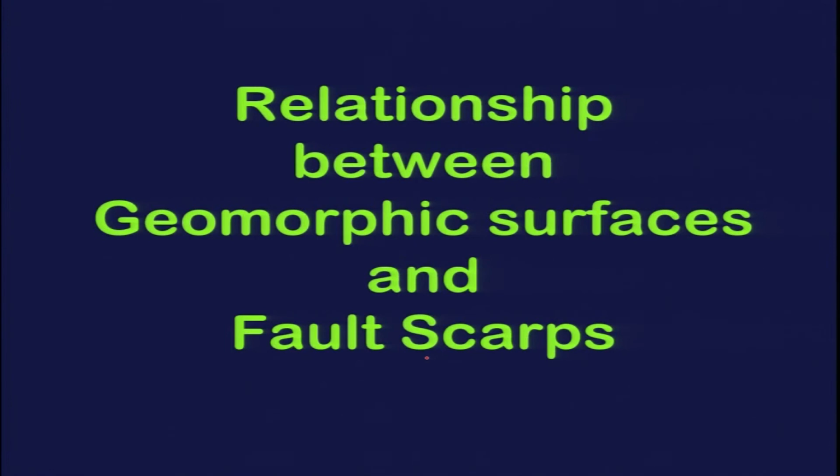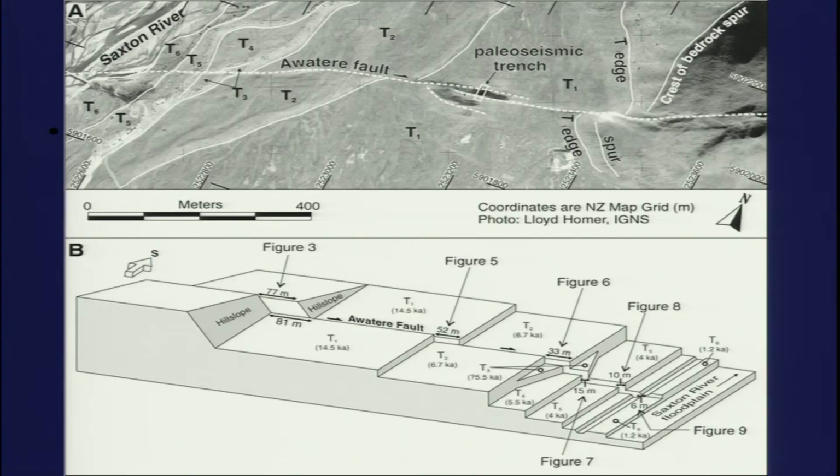So, the relation between the geomorphic surfaces and fault scarp, this part is also important and this remains applicable for other environments also. Now, what has been shown here is very important and useful when we are looking at the displaced surfaces or displaced landforms along the fault scarp, and how we will be able to justify how many events have occurred along a particular fault.